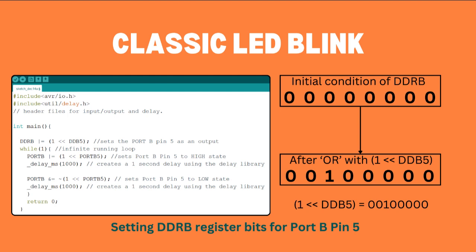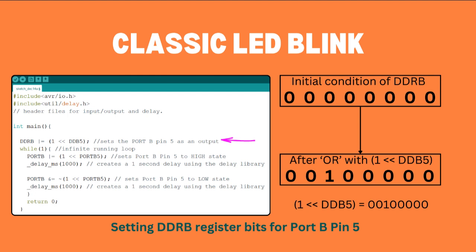So starting with the first step, it is basically setting pin 5 of the DDRB register to a binary 1. If we look at line 7 of the code, that sets port B pin 5 as an output.